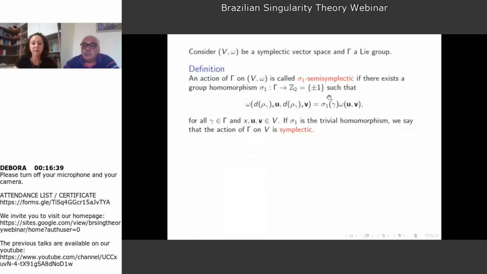That is, if sigma of gamma is 1 for every element of gamma, we say that this action is symplectic.